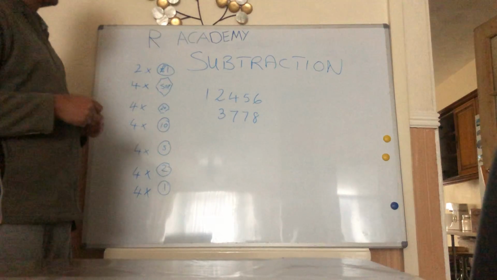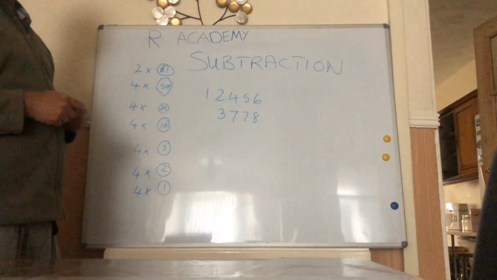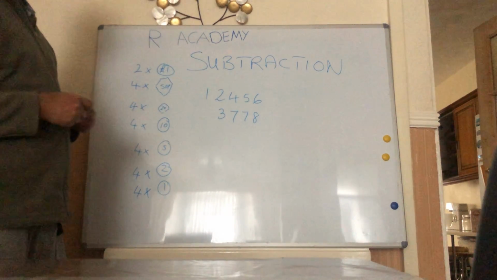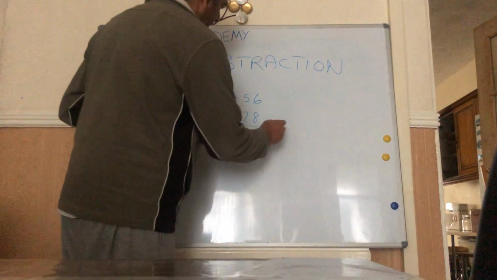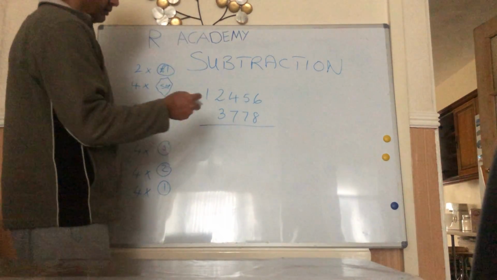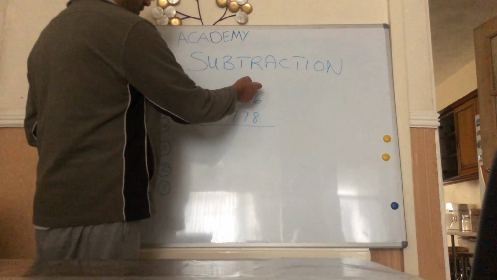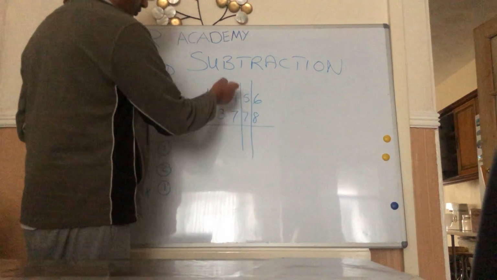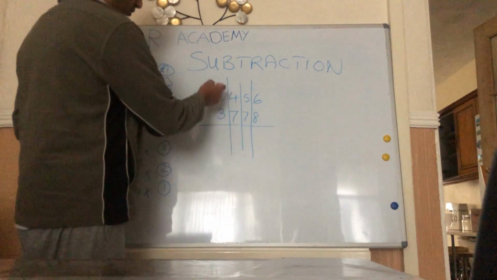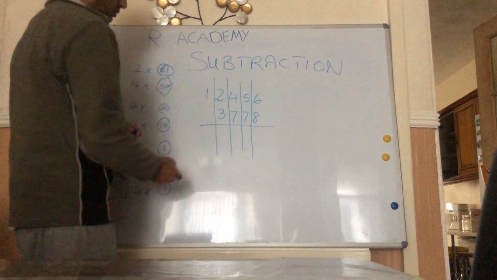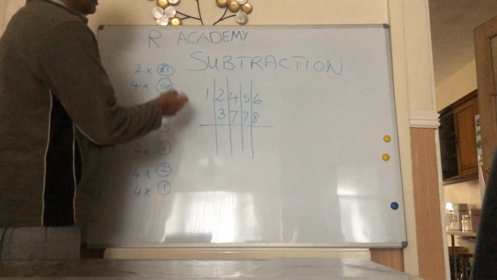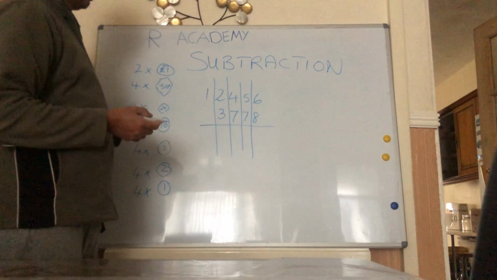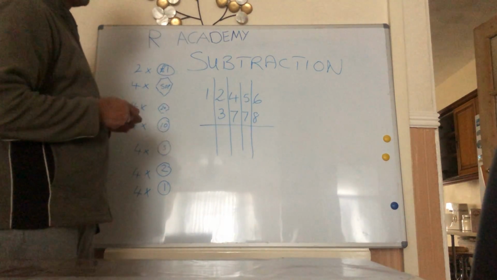Make it a bit difficult. So you could do it straight off once you've got the practice, but my advice would be to line it up by putting lines all the way down. That way it makes it a little bit easier to do this. You can't really make that many mistakes.